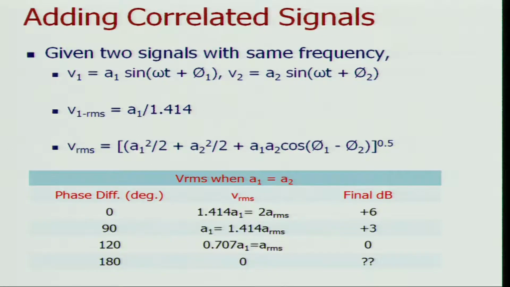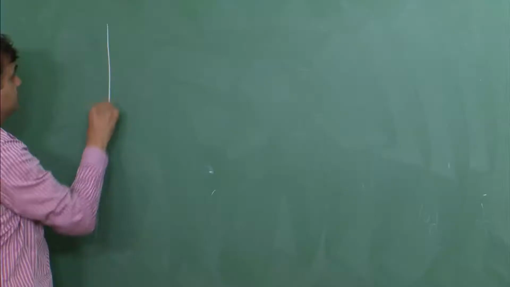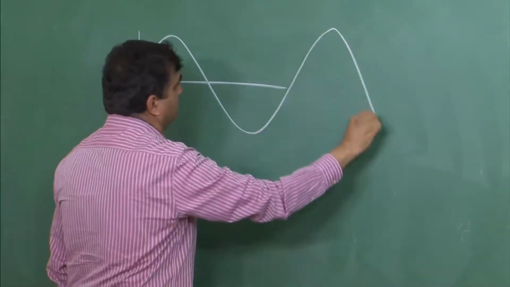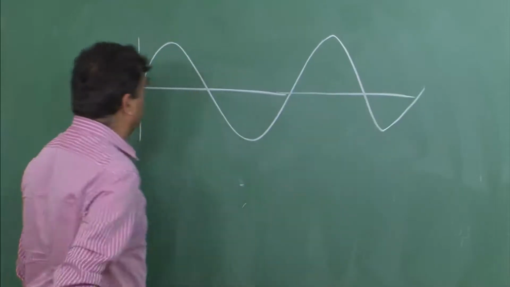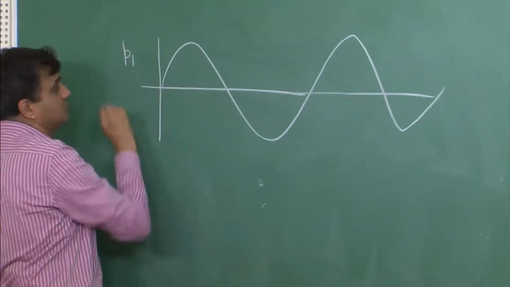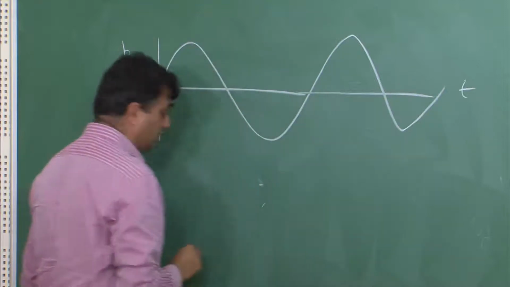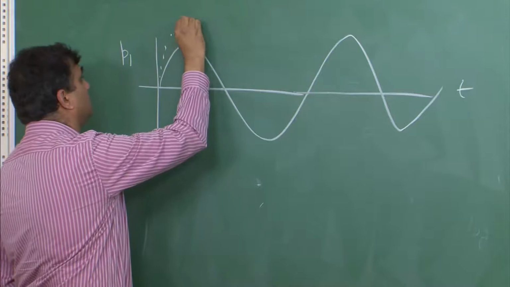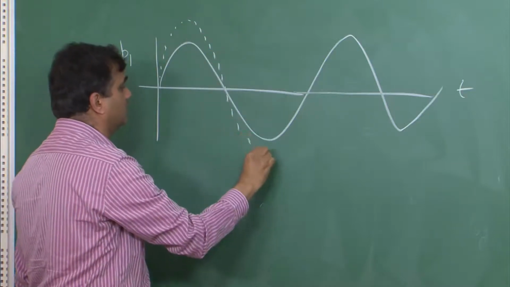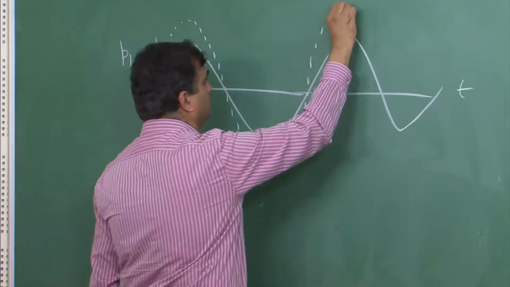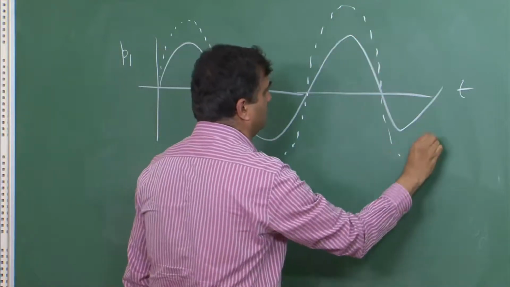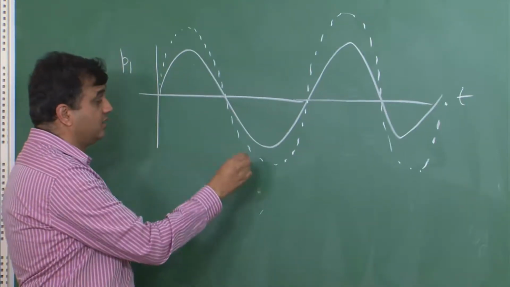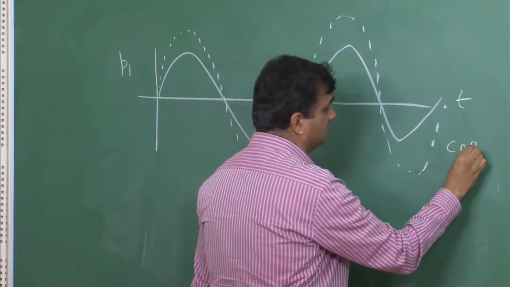So suppose I have one pressure signal, let's say this is P1, and then I have another pressure signal and I will plot it in dotted line. These two signals are known as correlated signals.